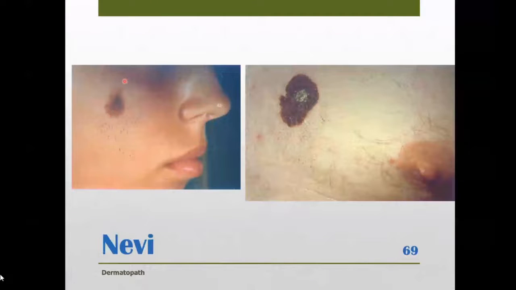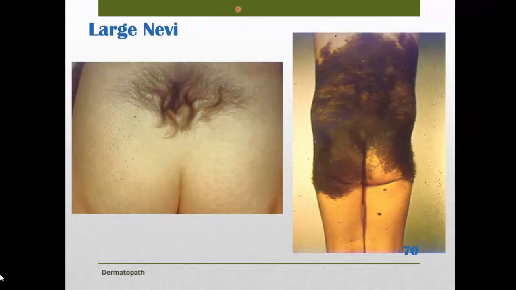So here there is another nevus, a bigger one. The nevi are on the chest. This is a breast. So, large nevi here, and I think I saw such a case in Dar es Salaam. It was covering the back and the buttocks.